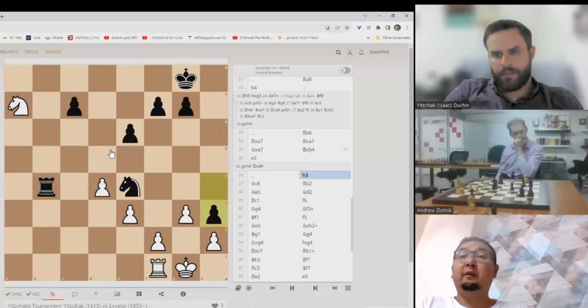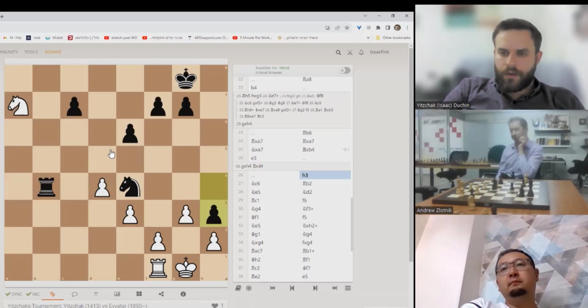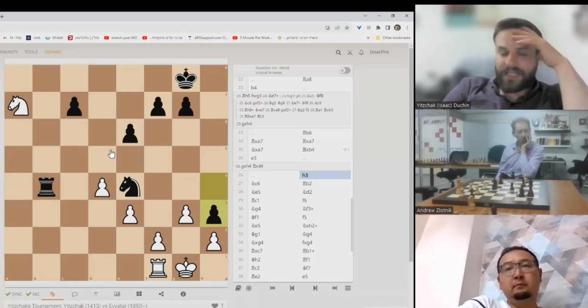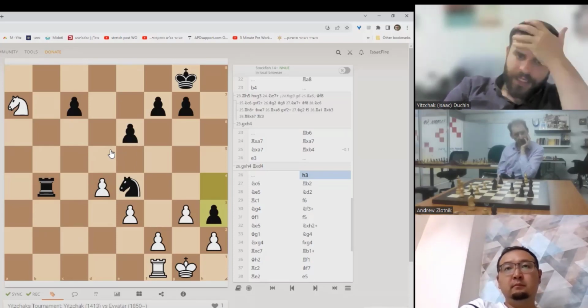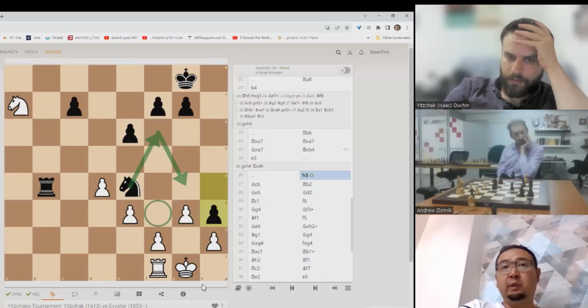And the last factor, a very important one which many people don't know, is the possibility to create threats. Black can create many threats: maybe the threat on f2, maybe also the f3 square is weak.